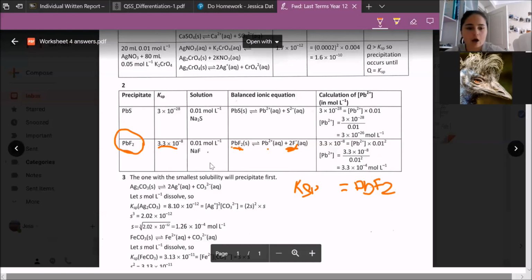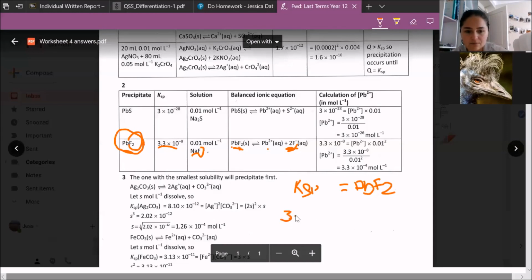Okay, so can you see that sodium fluoride has fluoride in it, and we've got fluoride in our precipitate. You've got lead fluoride. That means it's got a common ion. Does that make sense? Yep. Perfect. So then, this is the tricky bit. We're going to do your Ksp value.